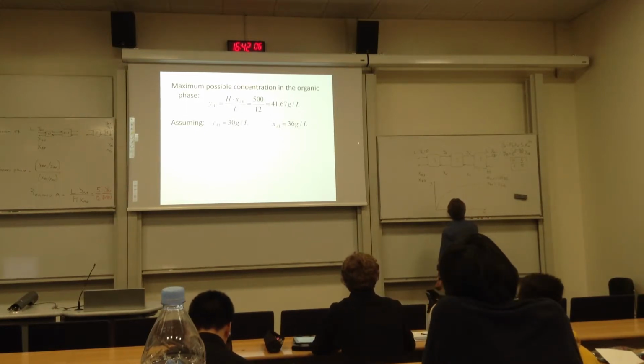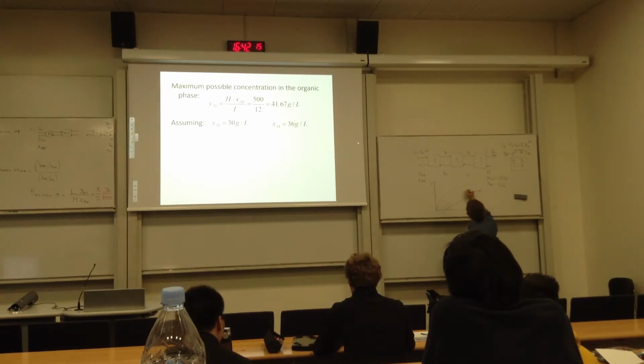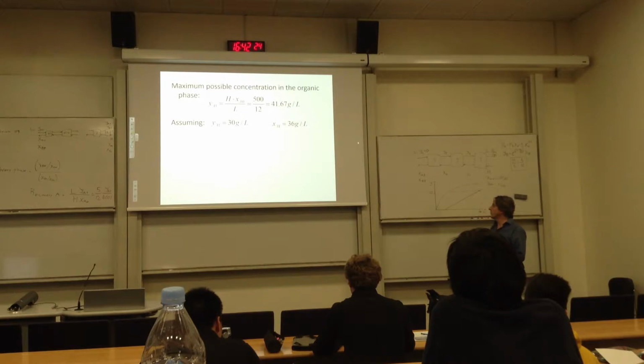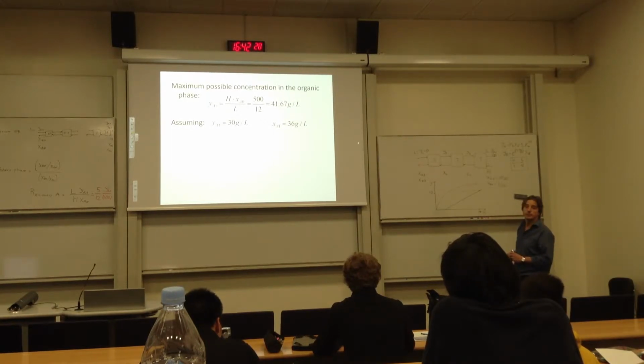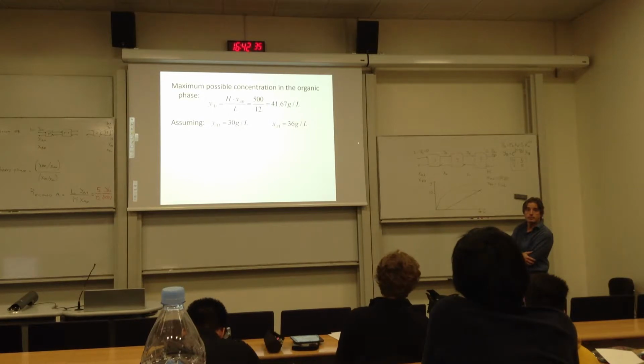I'm just choosing a line here. So at this point, this is 100 and y is 30. So how do you find XA1? From the equilibrium relationship. From the equilibrium, yes.